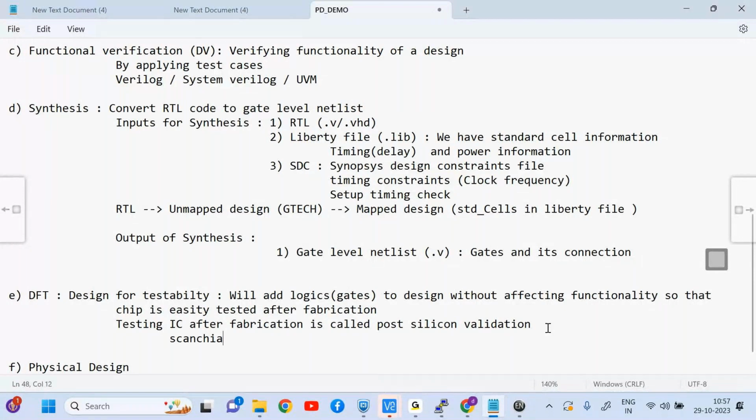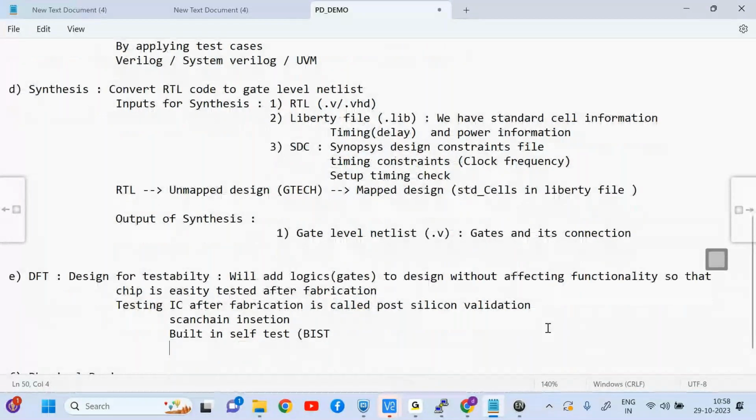So you will learn all these things, what scan chain insertion is and all. They will do built-in self-test, which is a big twist. They will do ATPG, automatic test pattern generation.